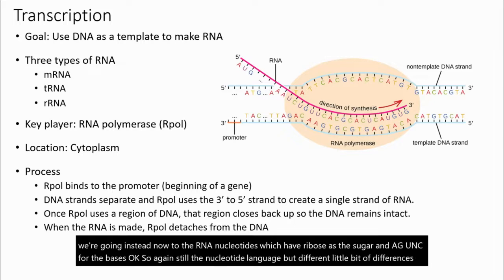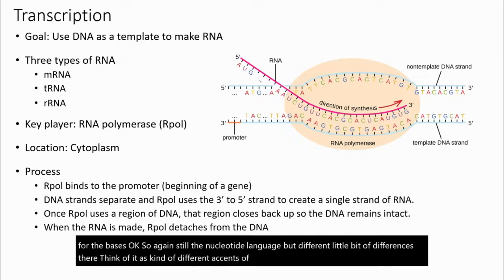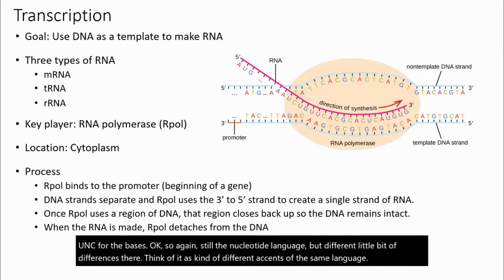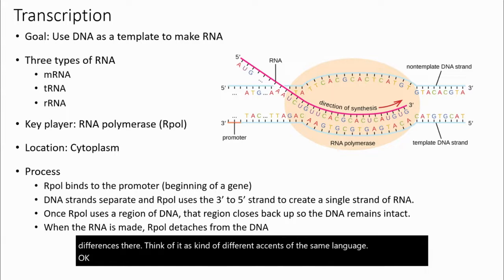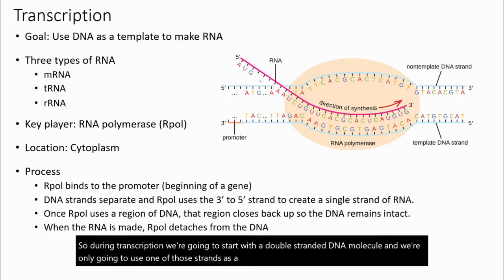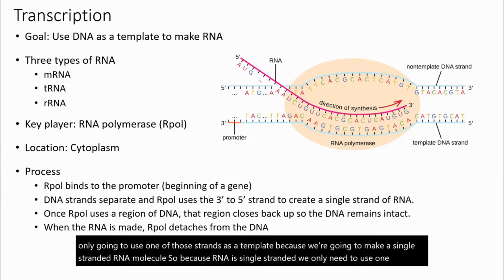Think of it as kind of like different accents of the same language. During transcription, we're going to start with a double-stranded DNA molecule, and we're only going to use one of those strands as a template because we're going to make a single-stranded RNA molecule. Because RNA is single-stranded, we only need to use one of the DNA strands as a guide.